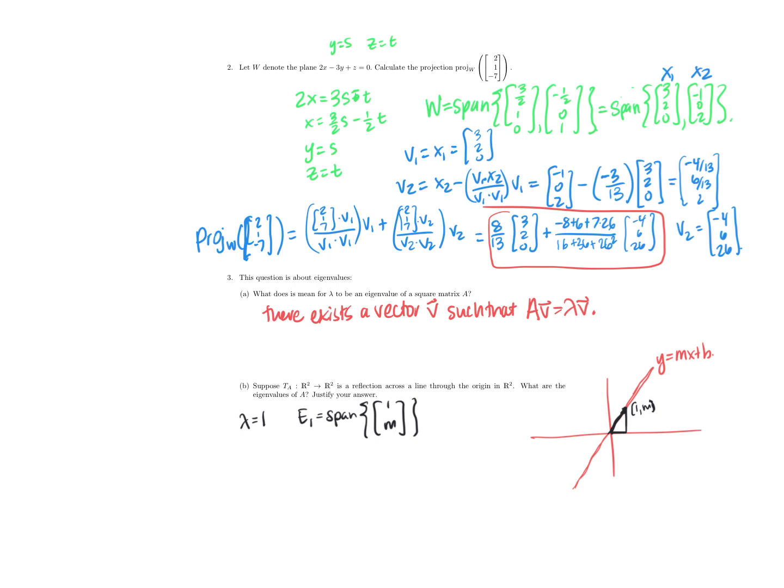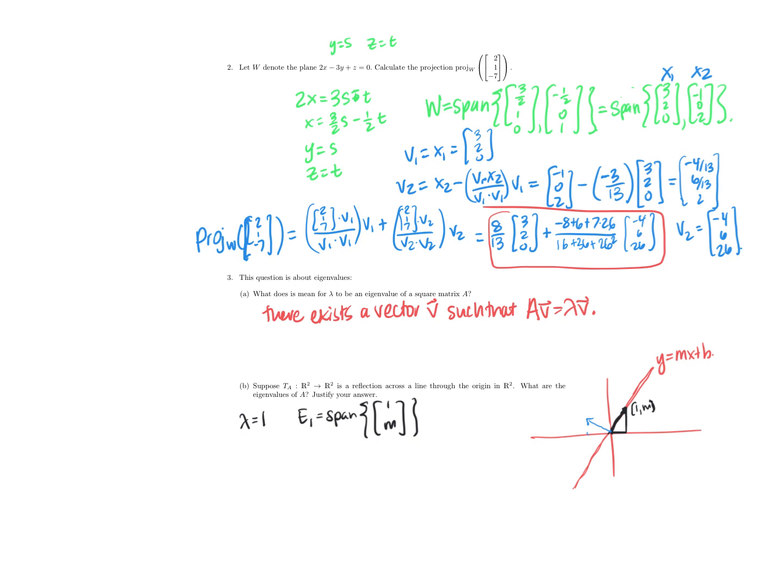Now, if I'm in the direction that is perpendicular to 1 comma m, let's think about how this needs to work. It's going to be negative m comma 1.